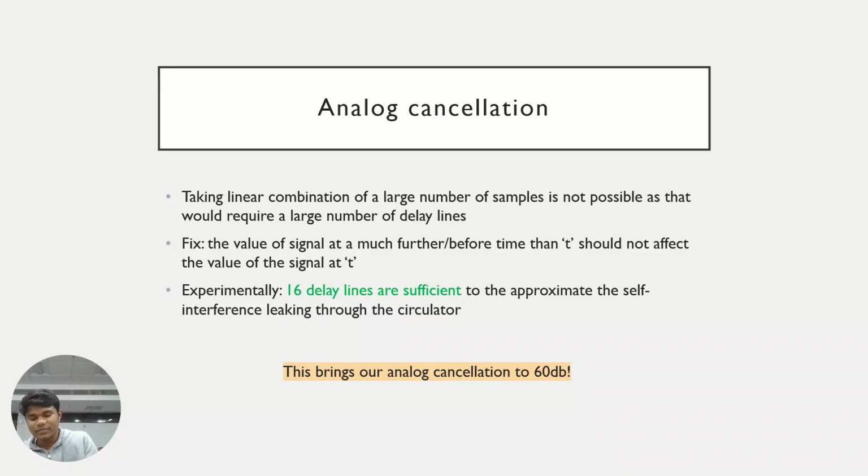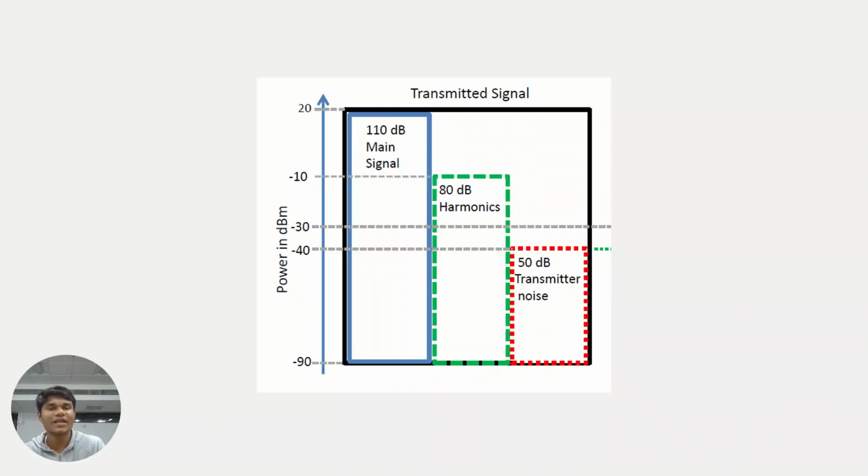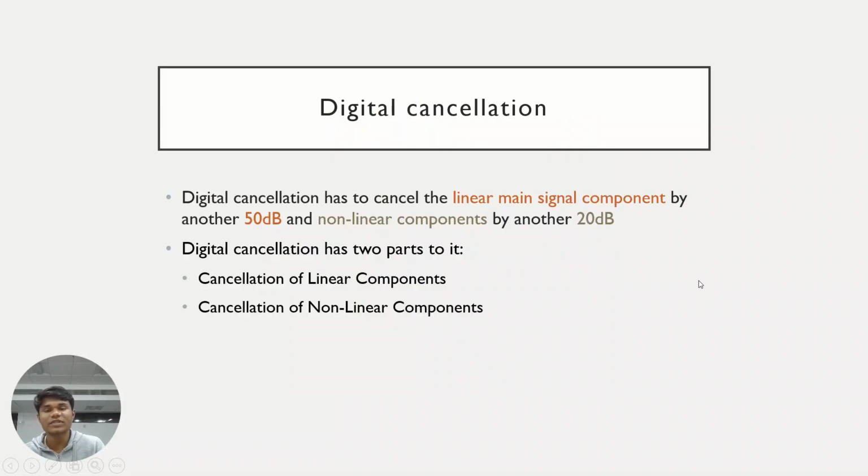Keep 8 of them at delay less than d, and 8 of them at delay higher than d, which finally brings our analog cancellation to the required 60 dB value, which again we had to achieve this much analog cancellation, this much non-linear, and this much linear. And analog cancellation applies to all three components.